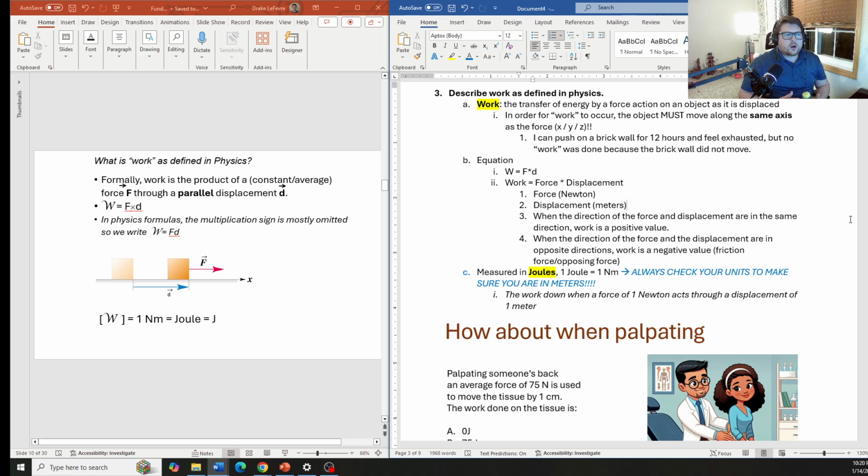The force and the displacement being in the same direction is like my finger pushing on the water bottle. The opposite force, or the negative work, would be done by the friction force of the water bottle against the table that it's on.